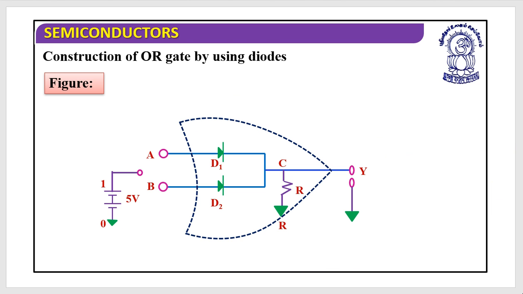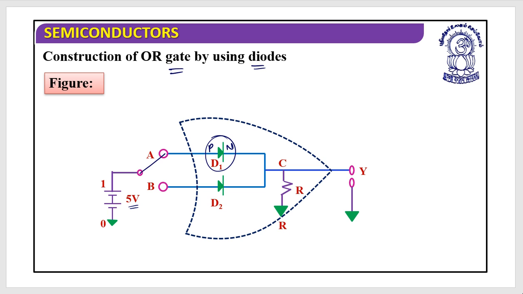Let's look at the construction of OR gates by using diodes. As you can understand, this is the power supply, and you can connect it to different circuits. Suppose you have connected it with this, then this diode D1 will be forward biased, because this is the PN junction, and we are getting the output.